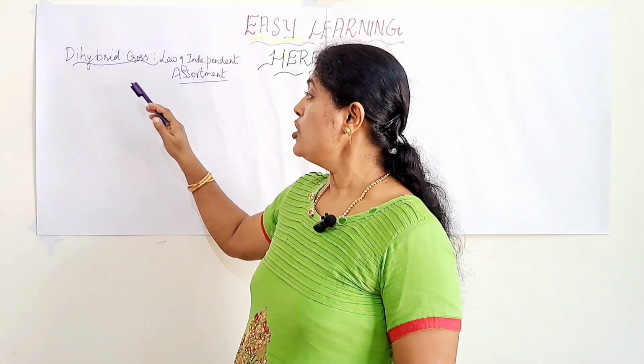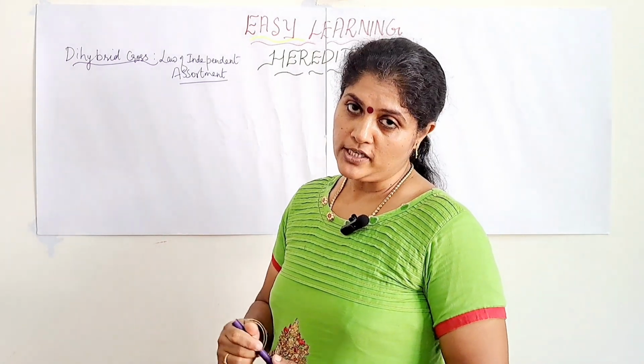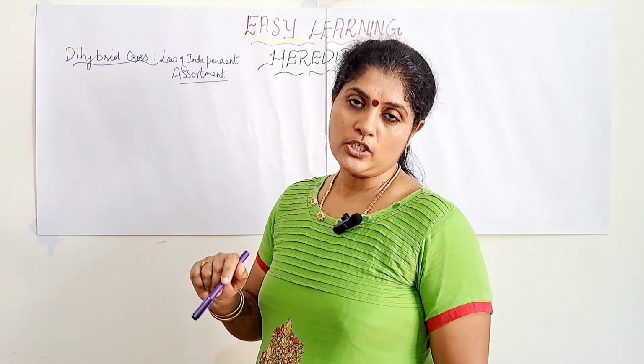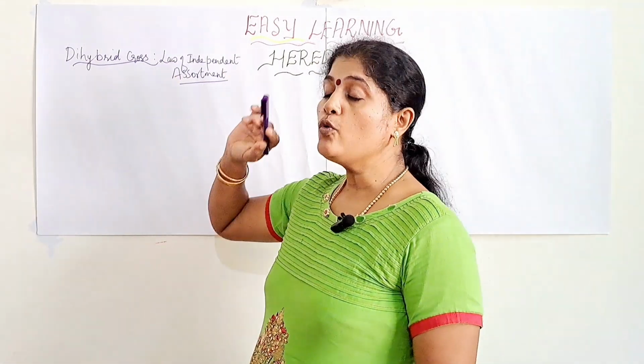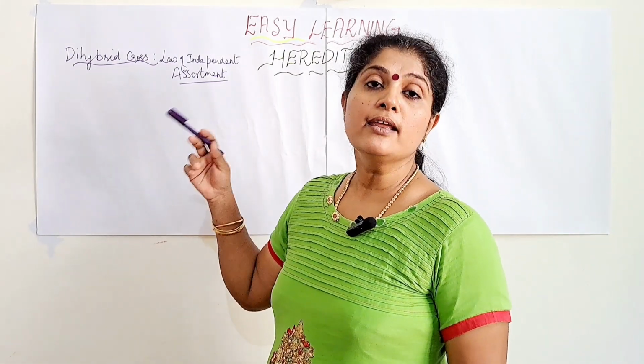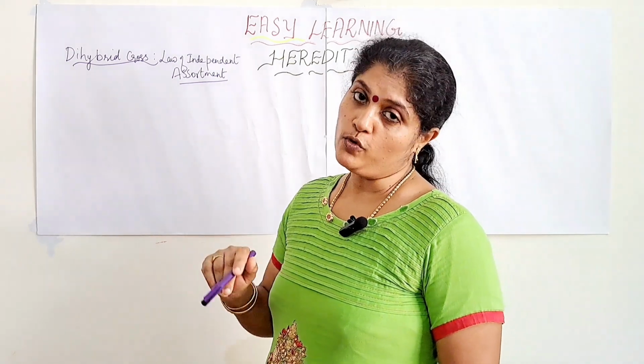That is how he got another 2 new varieties of seeds in the F2 generation. It was in the ratio 9:3:3:1, that is, other than round yellow and wrinkled green seeds, he got round green and wrinkled yellow seeds, which were the 2 new varieties obtained in the F2 generation.